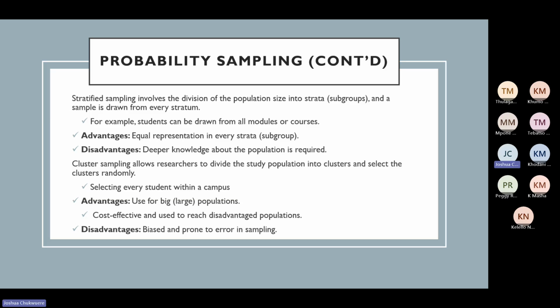How do I make a selection to choose a particular sampling for my study over others? Very important. In order for you to do that, your topic and your objective also assist you to know what kind of population you are going to focus on.